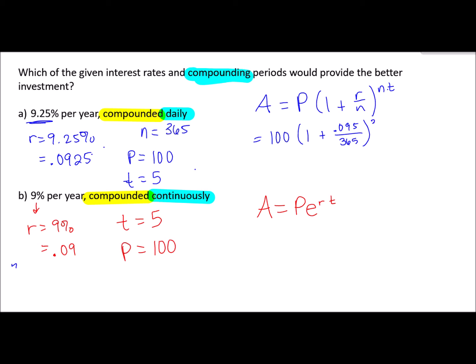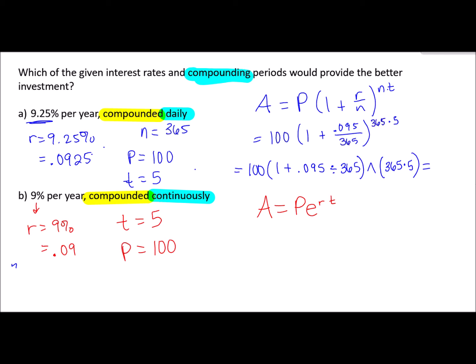And then up in the power is 365 times, we chose 5. So in the calculator, you would do 100 parentheses 1 plus 0.095, divide symbol, 365, parentheses, the power button, new parentheses, so that you can do 365 times 5 in there.